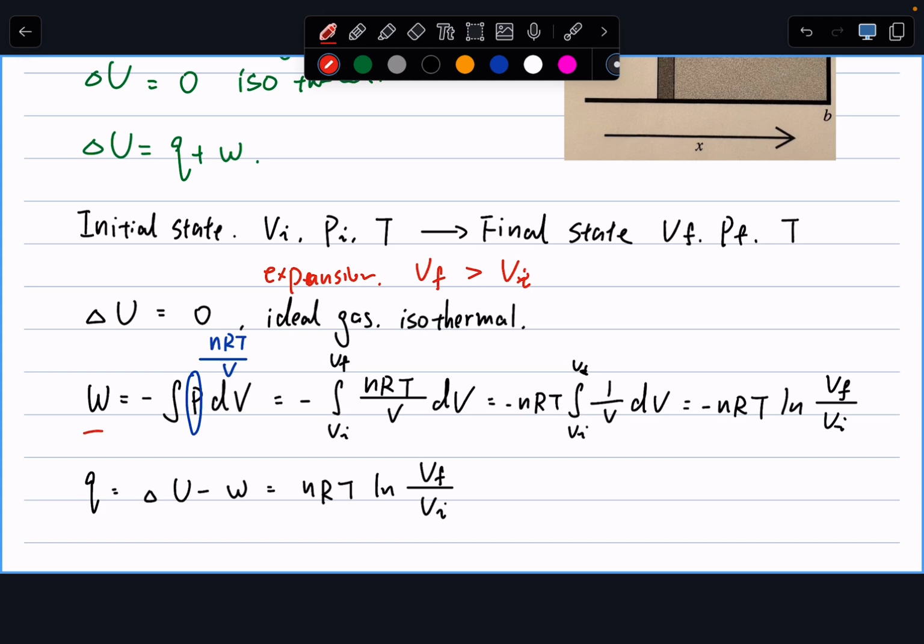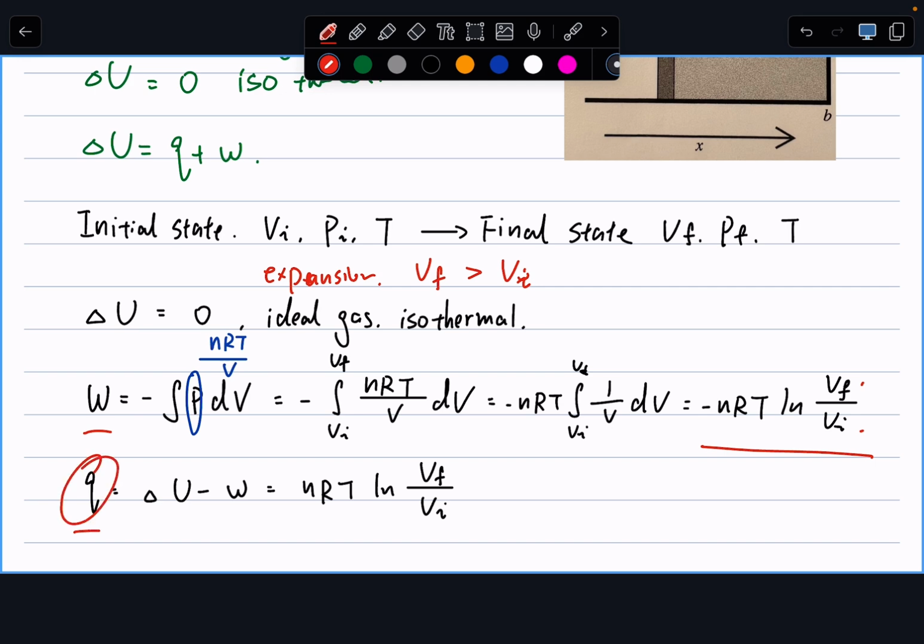Then when we look at the work and heat transfer, we can derive more information. Looking at the work, V final is larger than V initial, so this entire term is negative. What does a negative work mean? Focusing on the system, the system is doing work on the surrounding. That's the physical meaning behind a negative work.